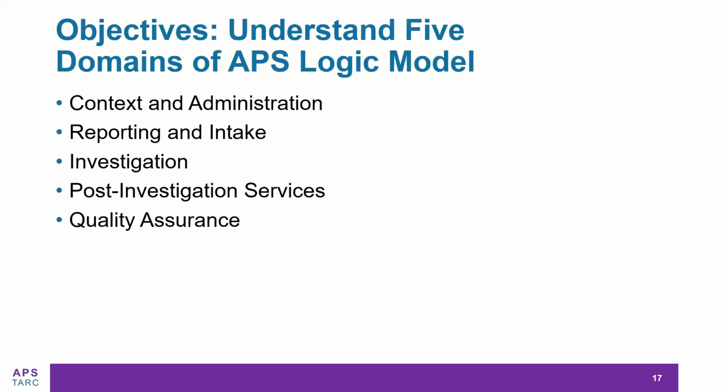How does investigation take place, with lots of different aspects of investigation? Post-investigation services, in terms of what services are provided, to whom they're provided, who's involved, and how things are decided. And then we also are looking at quality assurance, which covers all of those different domains, but is about how quality is assured across the APS program as a whole.